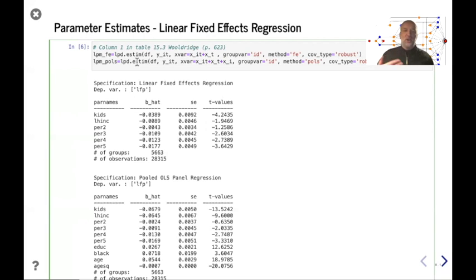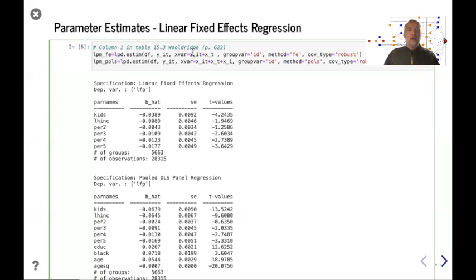I'm not going to cover that, since we already know how to do linear panel data models, but you can go and check it out. I'm doing two different regressions, a fixed effects regression and a pooled OLS regression. In both cases, I'm calculating the robust variance covariance matrix, using the individual identifier as the indicator for the cross-sectional unit.